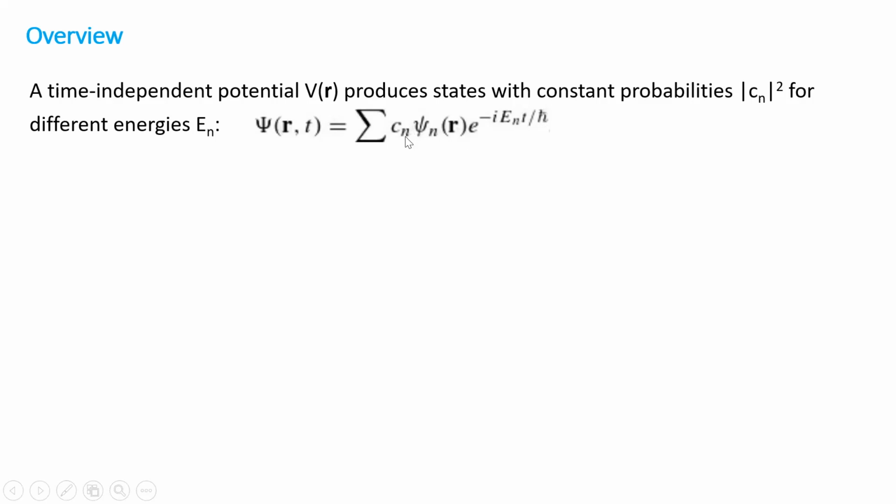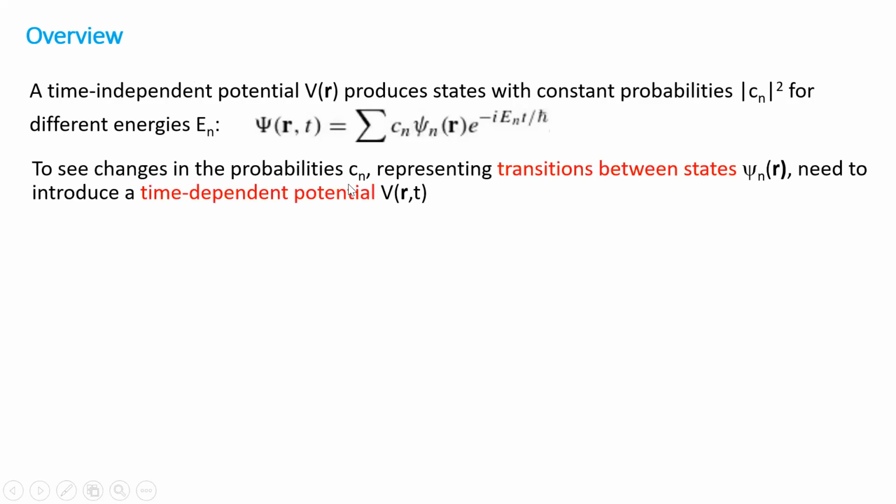But it's not like you could start in, say, all in C1 and then have some probability move over to C2. The probability is constant for each. And that's because we have a time-independent potential.